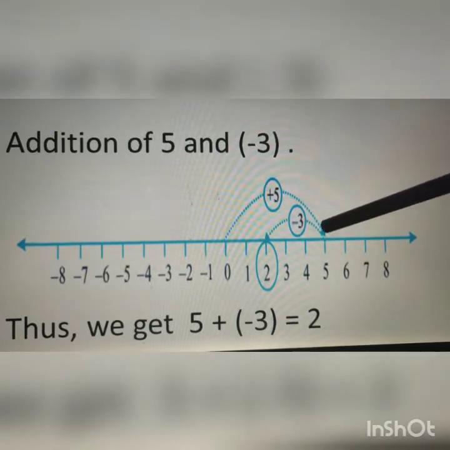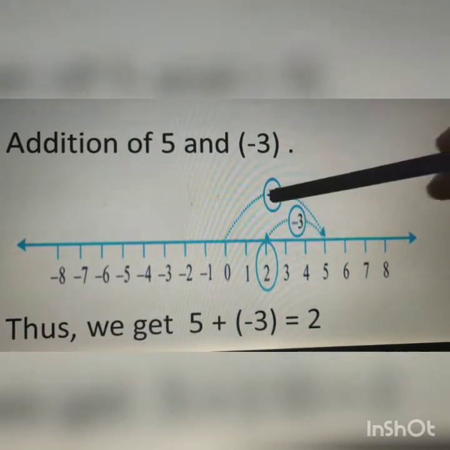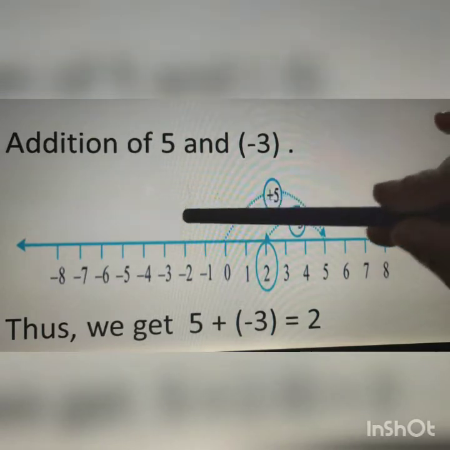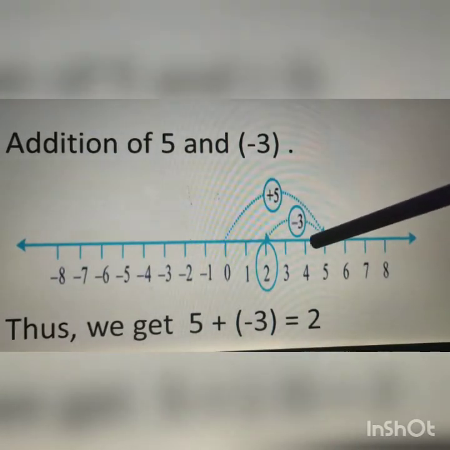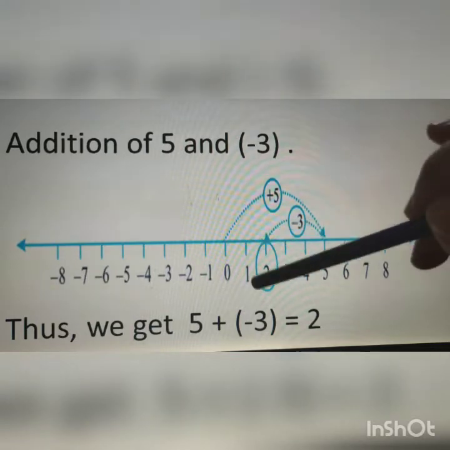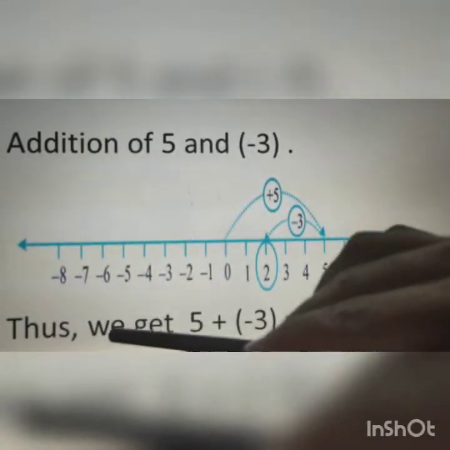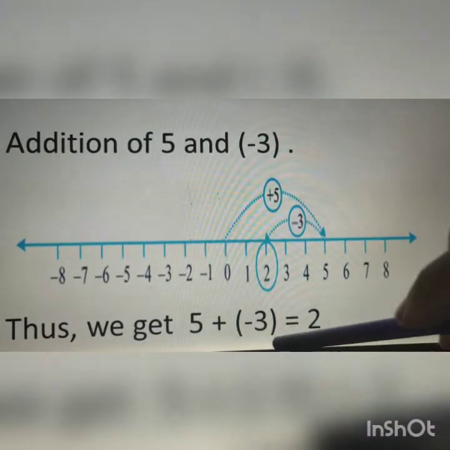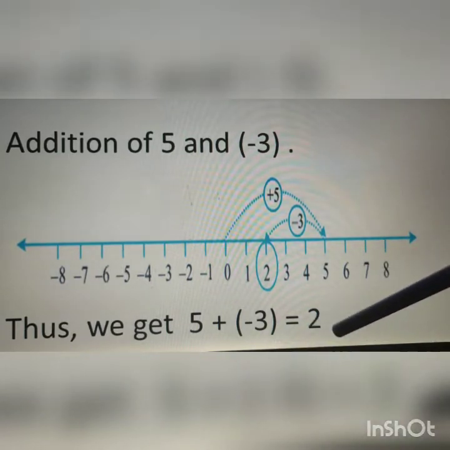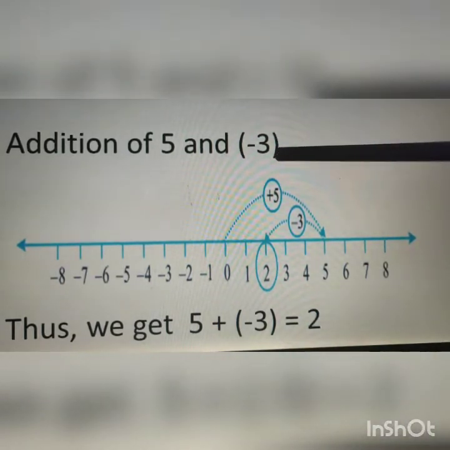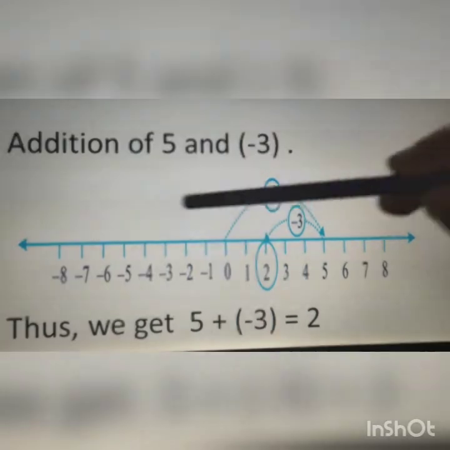So it will move towards left. From 5 we have to move towards left 3 unit distance. 1, 2, 3. Therefore 2 is the answer. Thus we get 5 plus minus 3 is equal to 2, because minus 3 is a negative integer, so we have to move towards left.